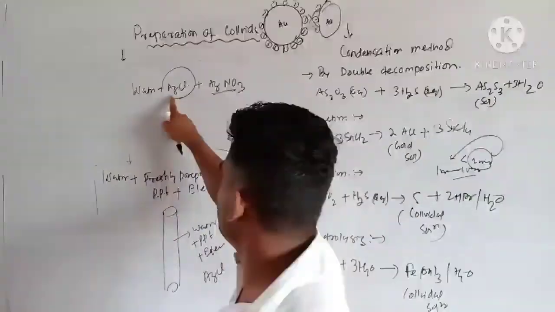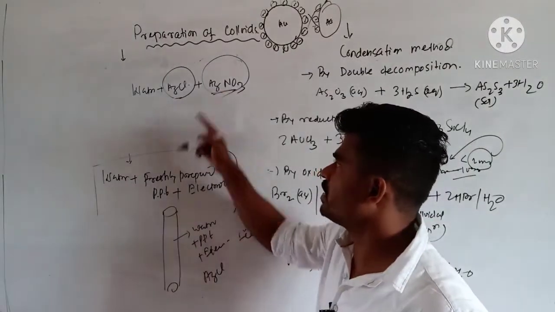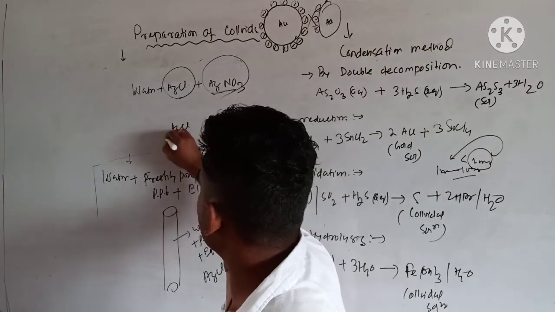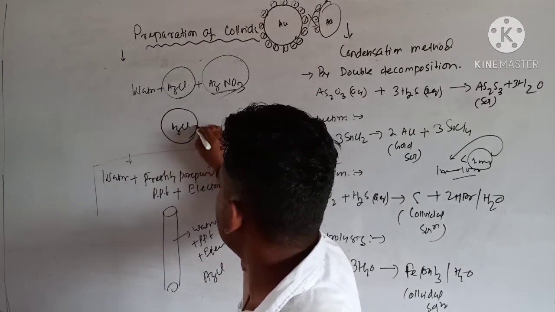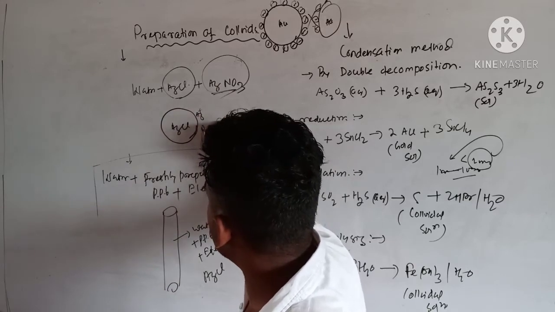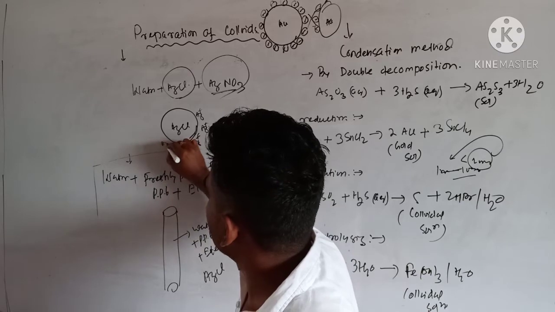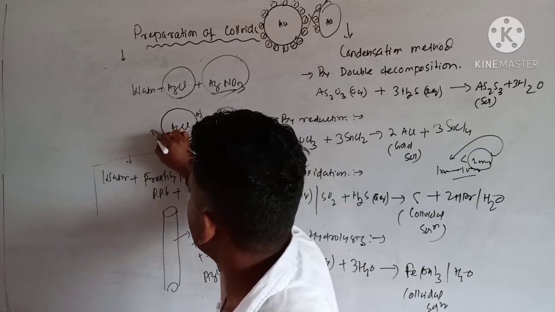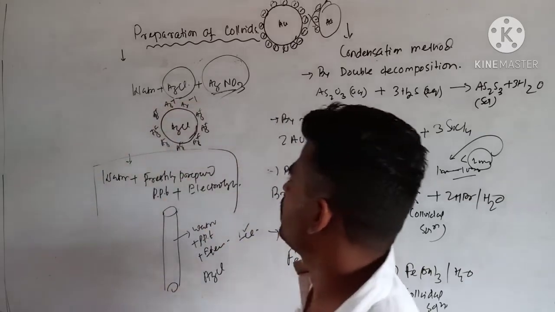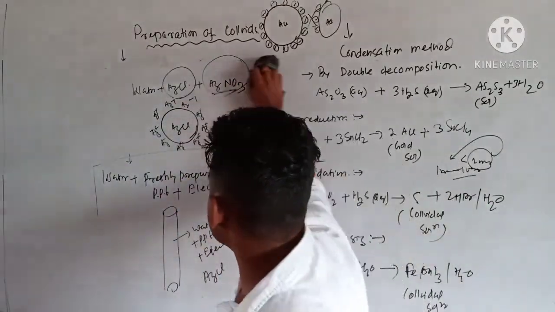In the sol, that is silver plus, so I have to consider AgNO3, the common ion, that is Ag plus. So in the AgCl colloid, your Ag plus gets adsorbed at the surface, leading to a positively charged colloid over here, Ag plus, Ag plus, Ag plus. Is that clear? So this is called peptization.